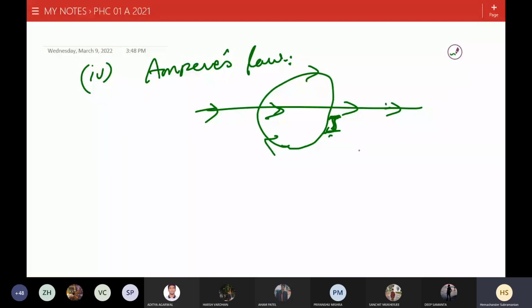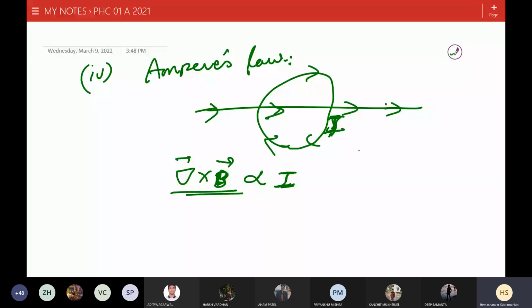So basically, curl of B is proportional to I. If there is no current, there is no magnetic field. And the higher the current, the higher the curling. Simple, right?